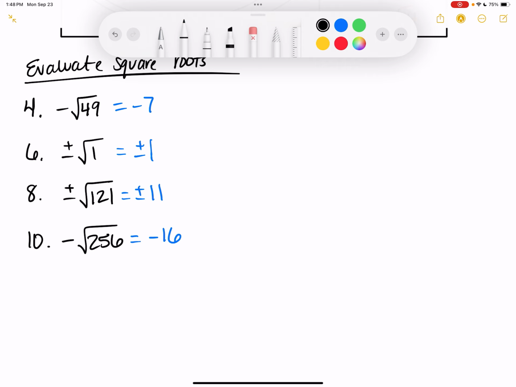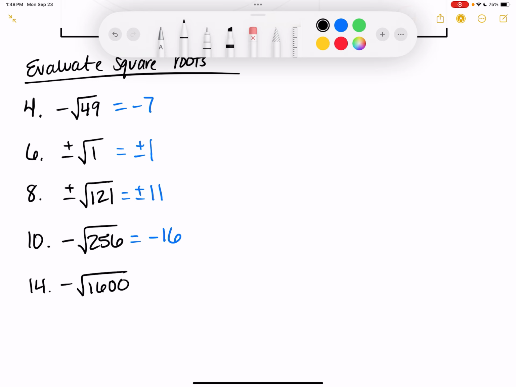Negative square root of 1600. I got this one. It's like 80. Negative 80. Wait, isn't it 40? How'd you get that? I don't know. I just want to know how you got it.